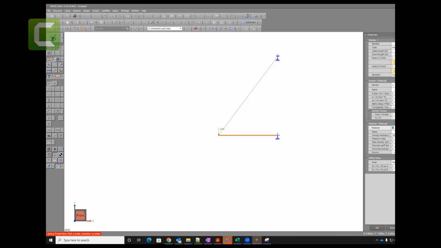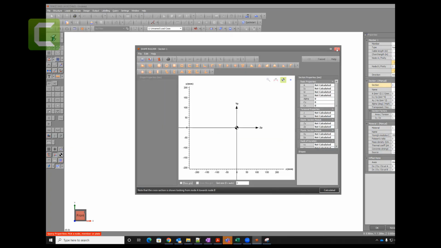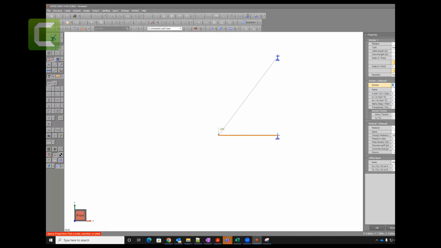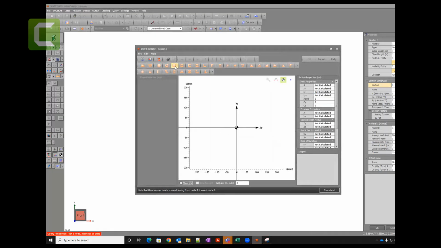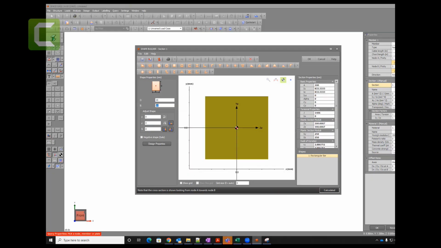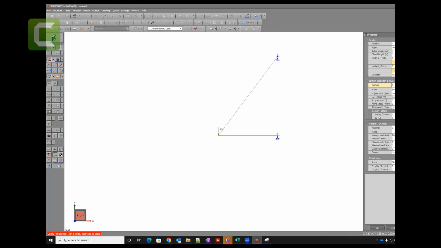If you go to this T and then the square, you want to put the area, let's say 10 by 10, and then we change that area because that is in millimeter square.